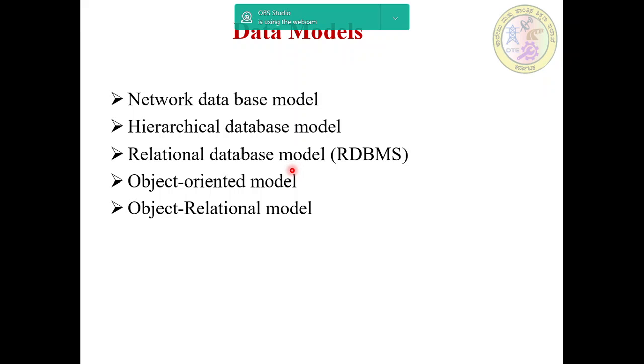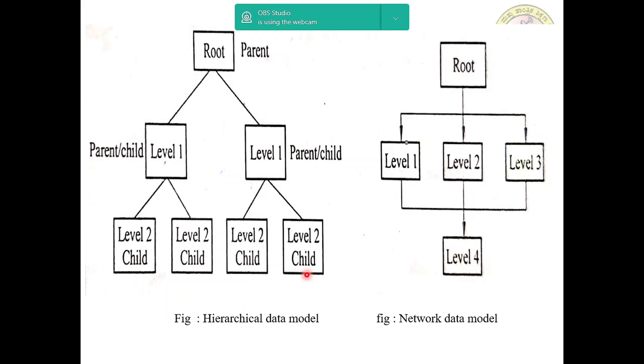This sketch 1 shows the hierarchical data model. In a hierarchical database model, as shown in the sketch, the data is organized in a tree-like structure where each record has a single parent or a root.